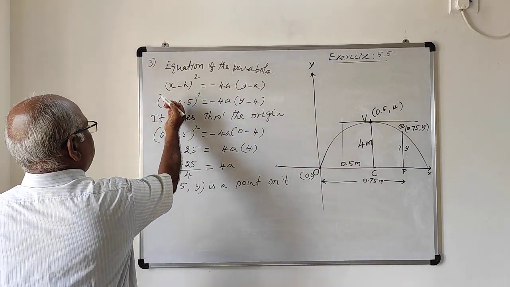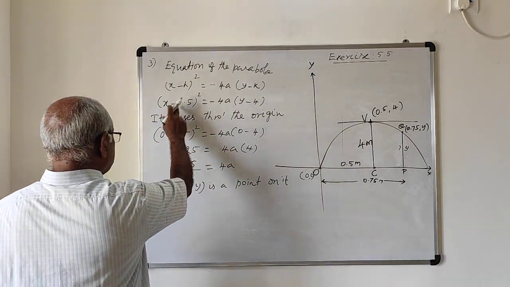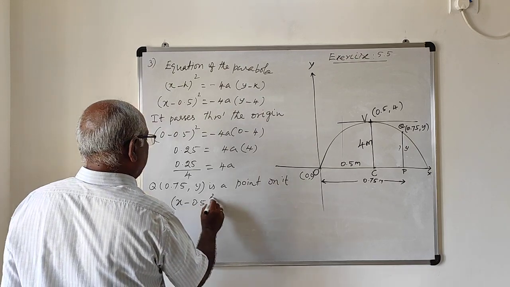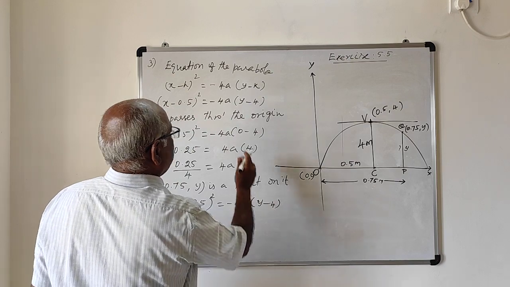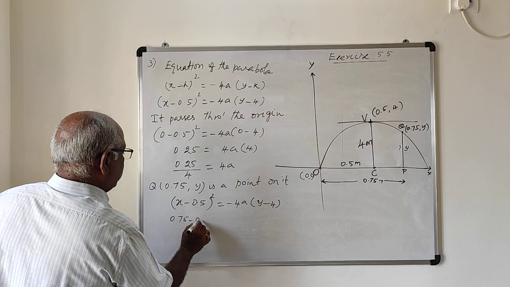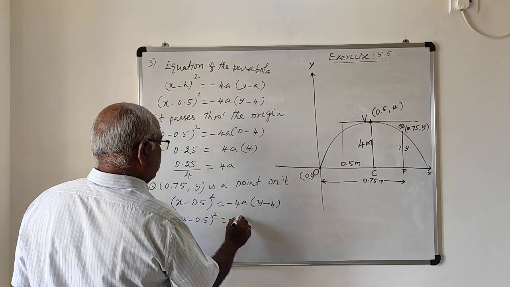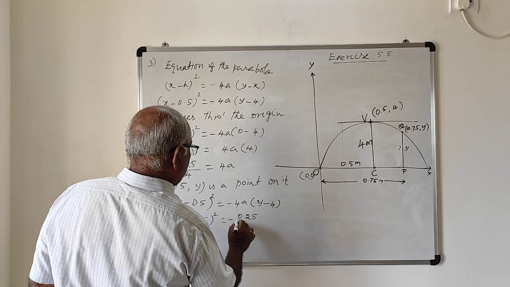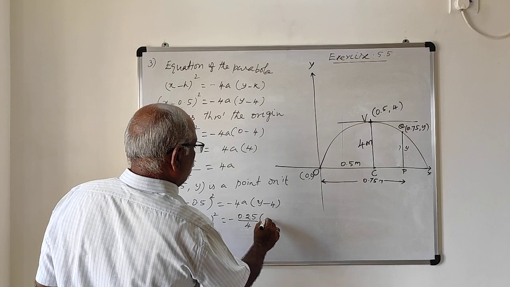Therefore, you substitute in the equation (x minus 0.5) whole square equal to minus 4a into (y minus 4). Substituting x as 0.75: (0.75 minus 0.5) whole square equal to minus 4a into (y minus 4). You know 4a is 0.25 by 4, and y we have to determine.